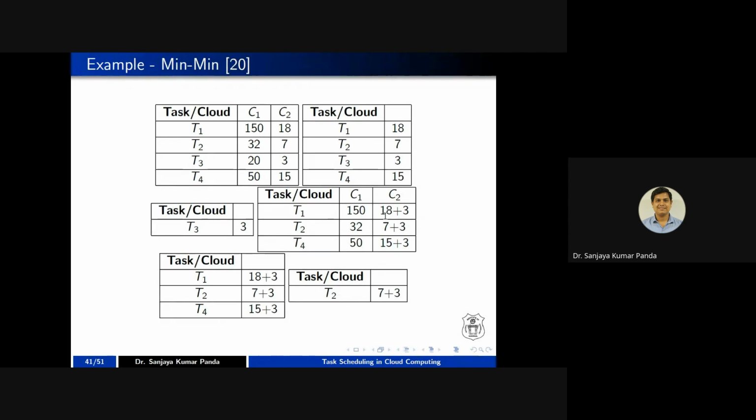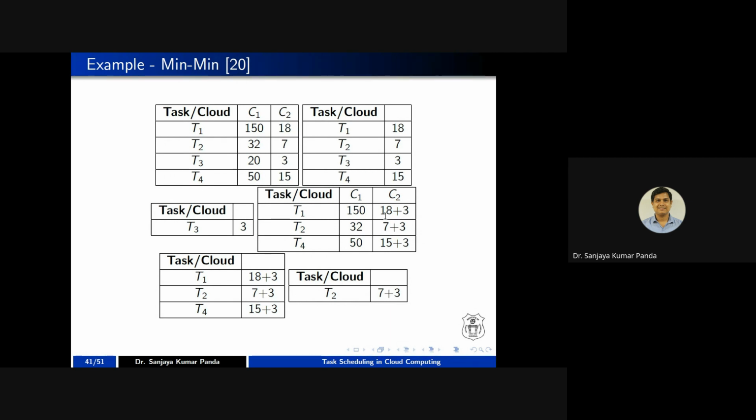And what is the next step in phase 2? We have to choose the minimum of the column. The minimum of the column is 3, so T3 is going to execute first. And apply MCT. You know what MCT is. Initial ready time is assumed as 0.